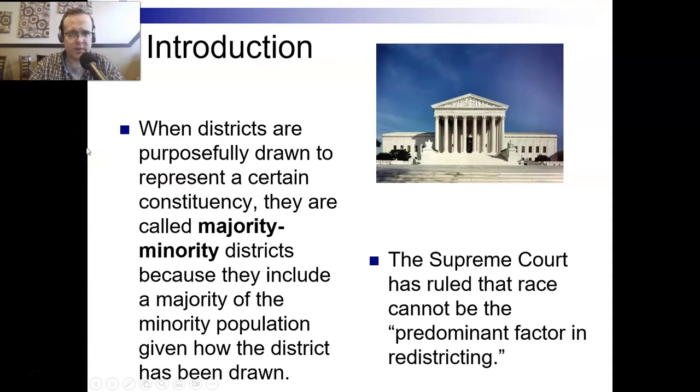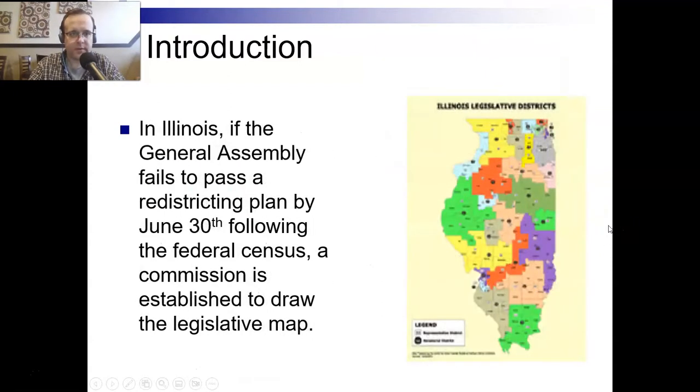And this term should be in your book, because they include a majority of the minority population given how the district has been drawn. This happens in Illinois too. Yeah, I'll just leave it at that. The Supreme Court has ruled that race cannot be the predominant factor in redistricting.